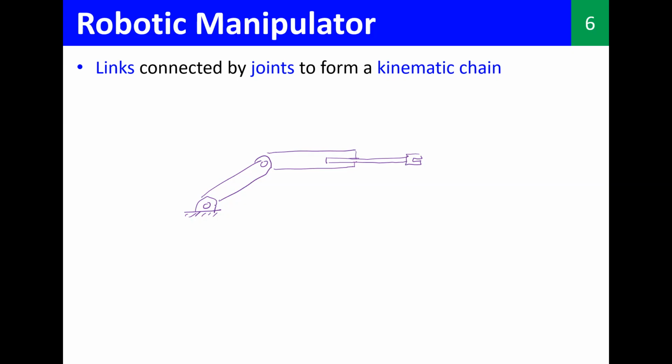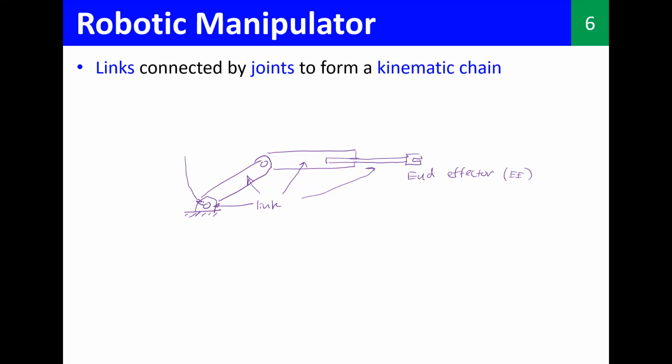So again, let me name them. This is a link, and this is also a link, and this is also a link. So we call this final one the end effector, or let's say E, right?